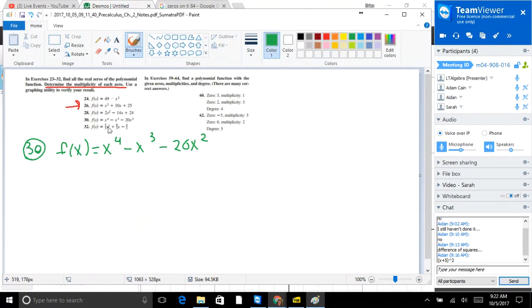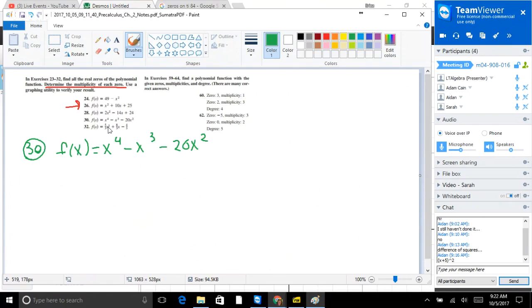So let's do some factoring. Factoring is fun, right? So what I first notice is I really don't feel like factoring a 4th degree polynomial. But what I noticed that's kind of nice is that all 3 of my terms have x squared in it, right? So let's pull out x squared first.